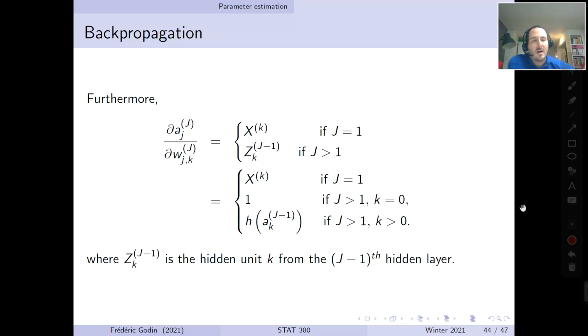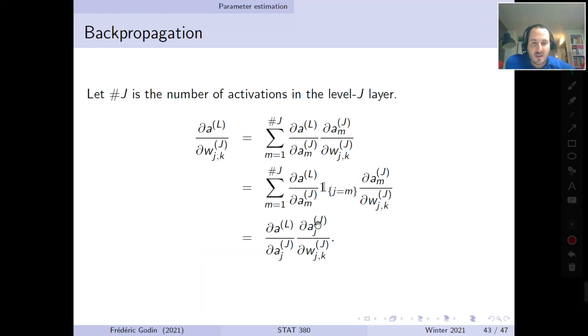So using this, we have the derivative of the activation of the jth layer with respect to any of its parameters. If we go back one slide, this characterizes this second derivative here. So what remains to be calculated is this guy here.